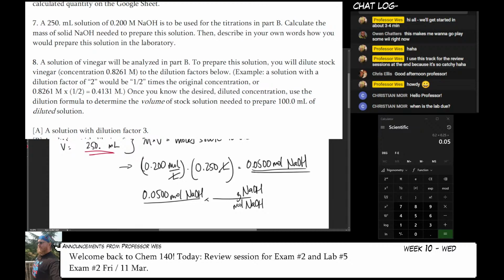So I'm going to look that up on LenTap real quick. NaOH, 40.00 is what we got. And so we just multiply 0.05 times 40, and you get 2.